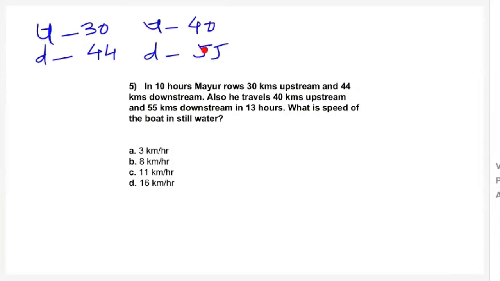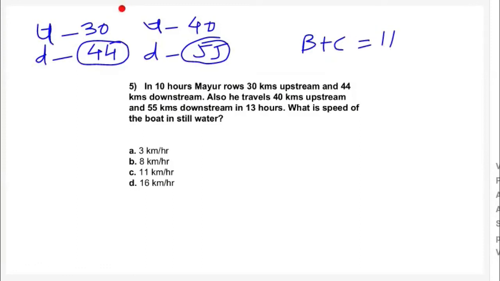Now think and tell me, 44 and 55 are divisible by which number? 11. So B plus C, keep in mind, is 11.